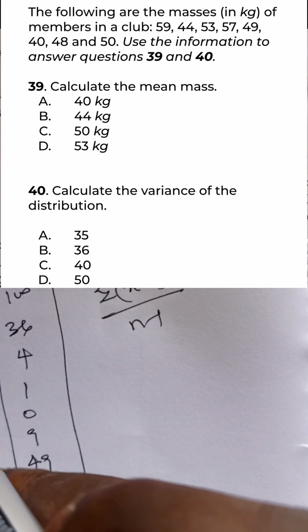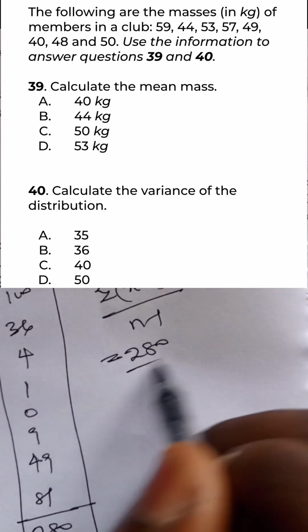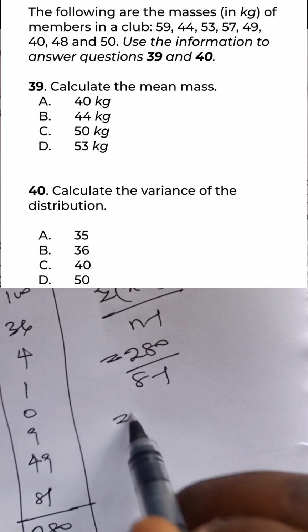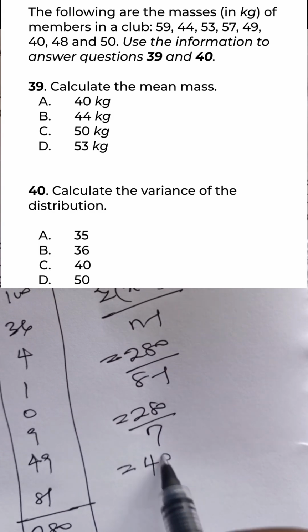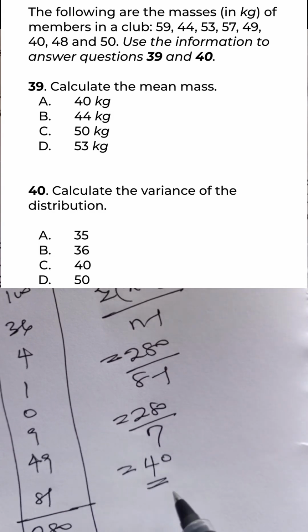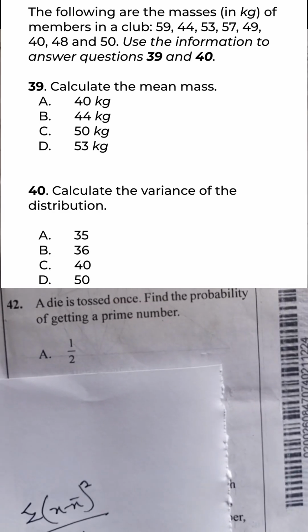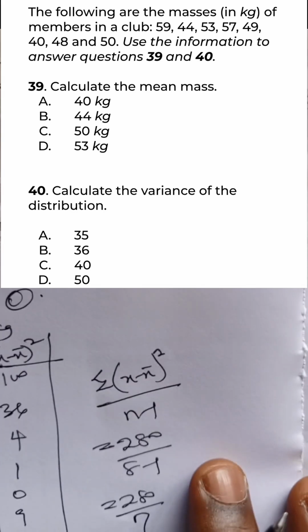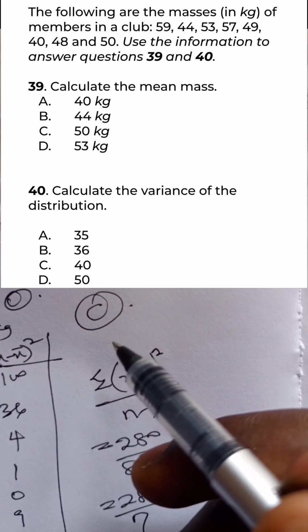So this is 280 divided by 8 minus 1, which is 280 divided by 7. When you press your calculator, you get 40. So the variance is 40, which means option C is the final answer for question number 40.